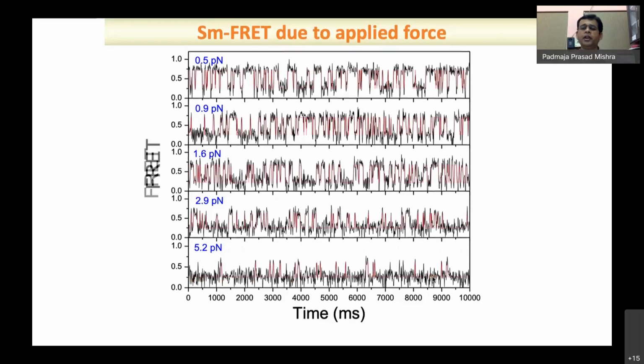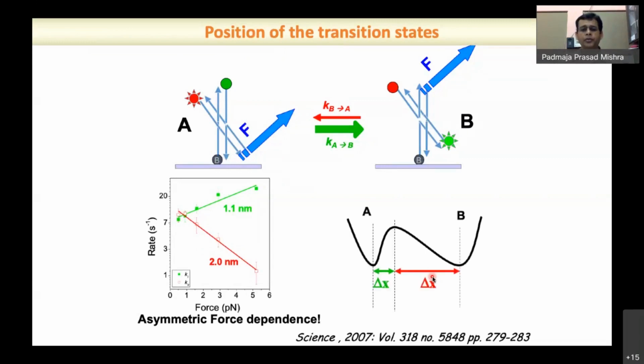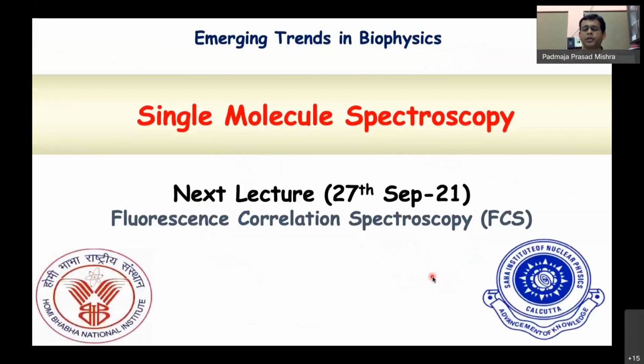This is a very classic example of how you can use a piconewton range of force to monitor very small changes inside biological systems. So this comes to an end of the optical tweezer session.